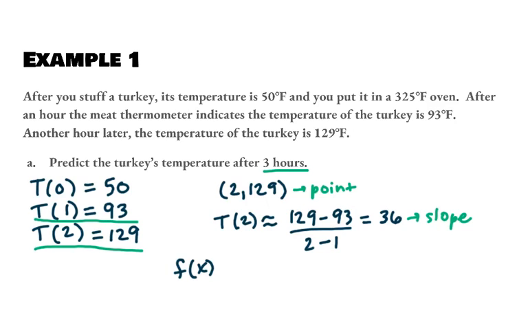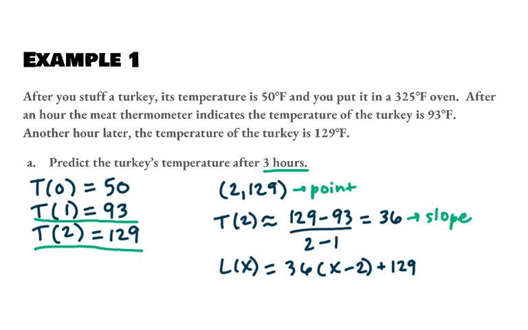So then to find or estimate the temperature, actually let's just do the generic linearization first. So our linearization would look like the slope times x minus our point x value plus our y value at our point.